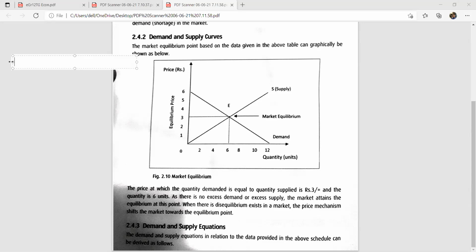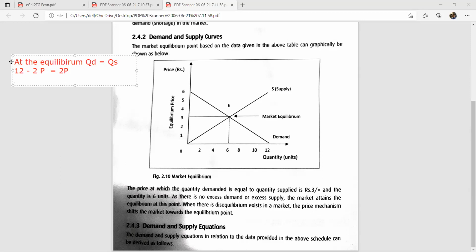So at the equilibrium we know that QD, quantity demanded, should equal quantity supplied. That is the theory. So you are given the demand equation, 12 minus 2p. The supply equation is 2p, right?